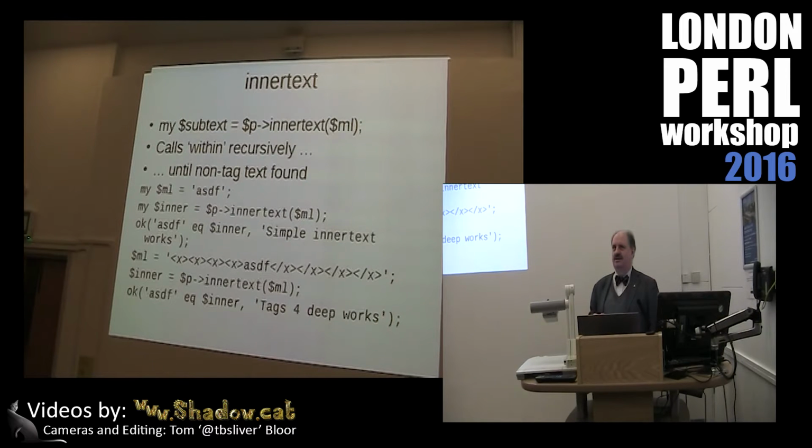Does it just give you the first element's contents that it finds, or does it concatenate if you've got multiple ones? Inner text goes to where non-tag text starts, so in this case ASDF. If that were ASDF /T, ASDF T, some more text /T, then yes, it would give you to the end of that tag, it would give you to the end of the closing T tag.